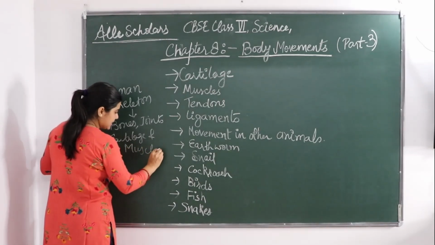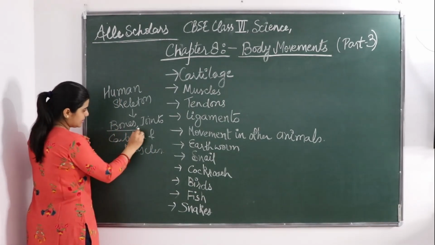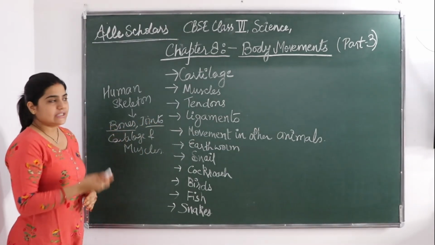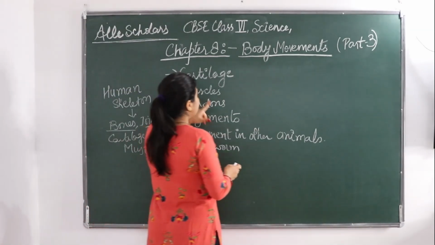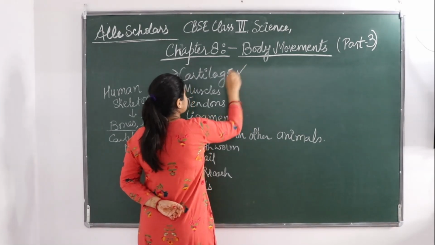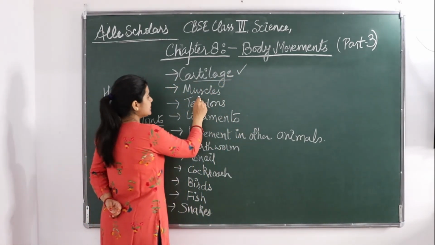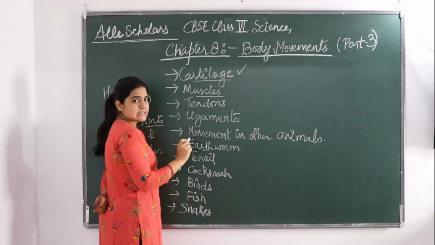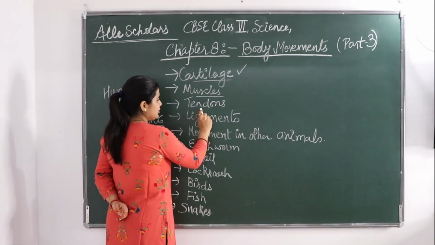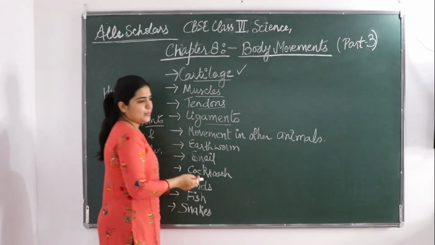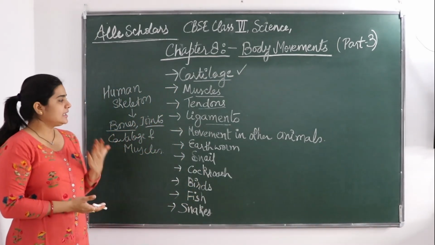We have already discussed bones and joints, and the types of bones and joints. In this part we are going to discuss cartilage, then what muscles are, and a short definition of tendon and ligaments. What is tendon and ligament?